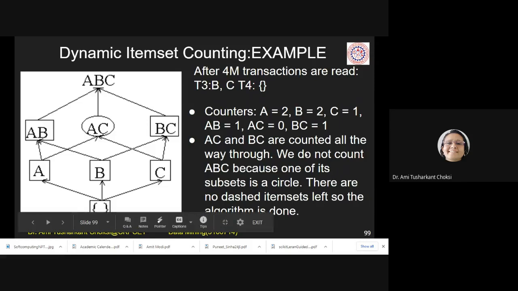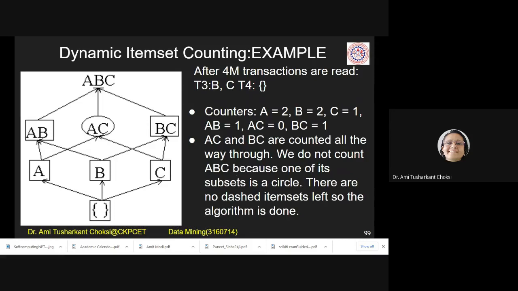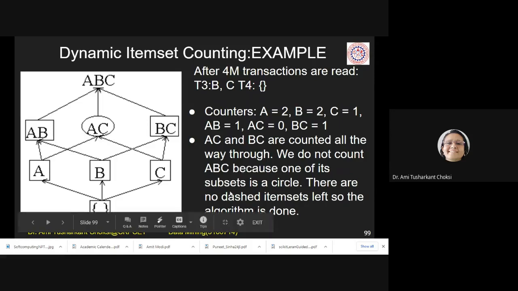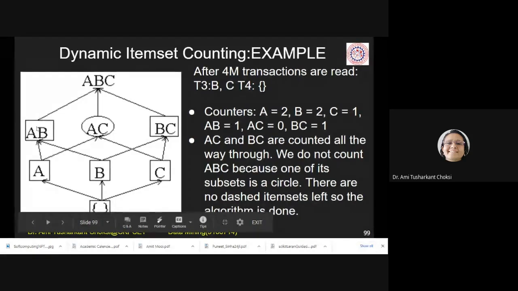We do not count ABC. Why not? Because one of its subsets is a circle.